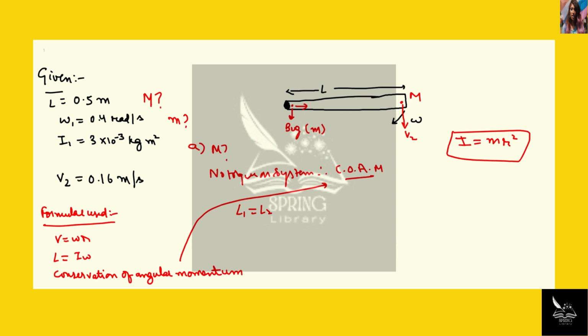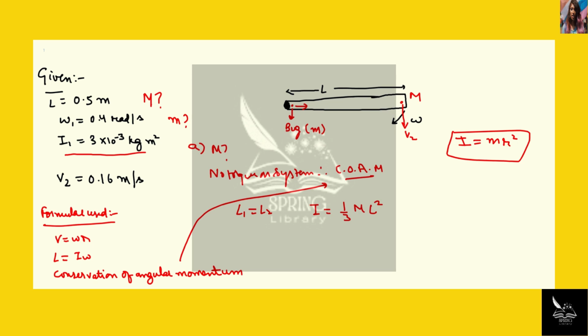We just need to find the mass of the rod, which we can find using this quantity. The axis of rotation is this one, so the moment of inertia of the rod is 1 over 3 capital M L squared, since the axis of rotation is fixed at the end of the rod and the rod can move this way.